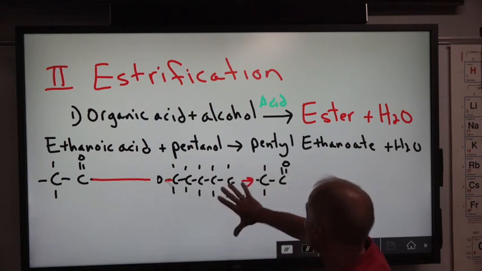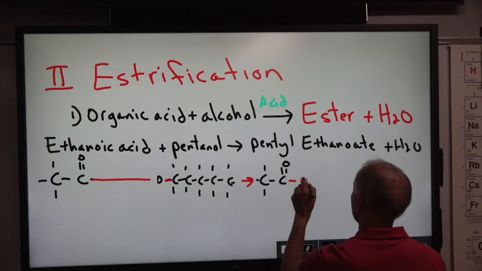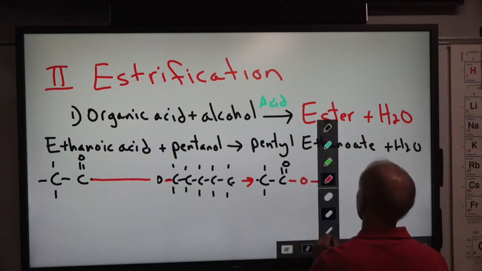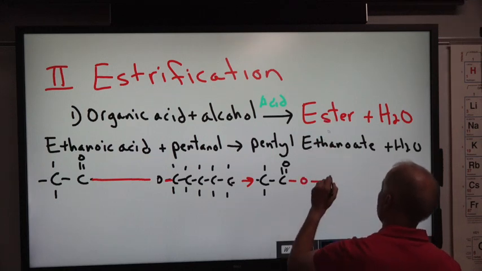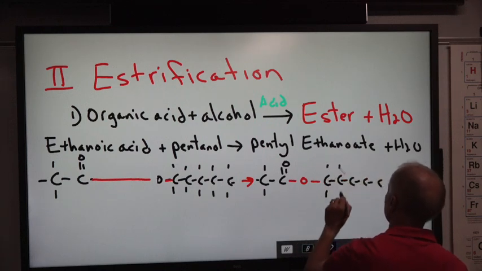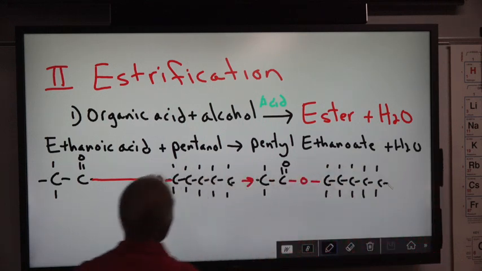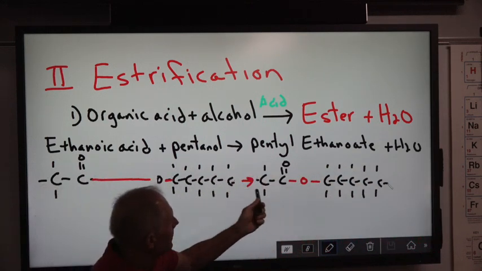So there is the molecule. I'll build it over here. O, and then 5 C's. That's pentyl ethanoate right there.